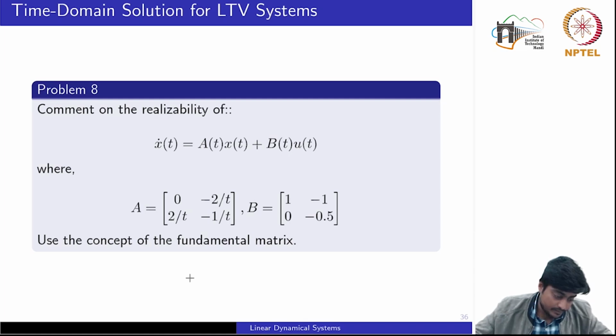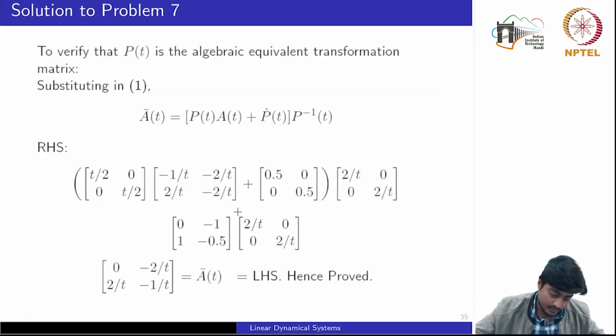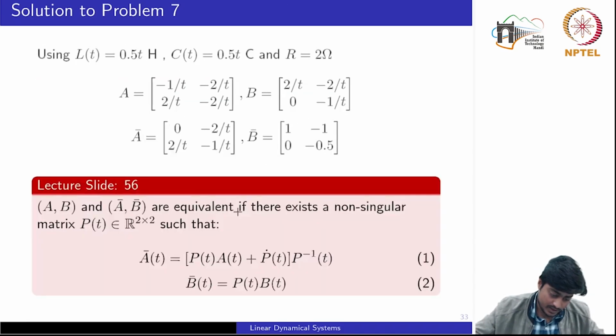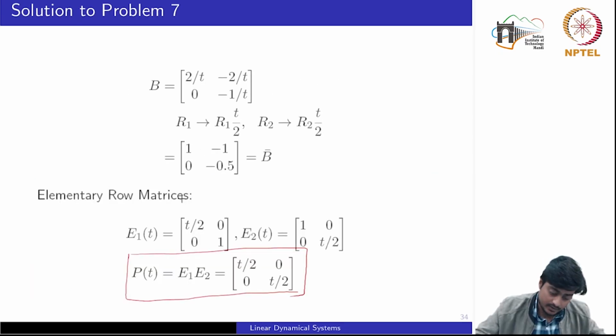Going to the time domain solution for that LTV system. Here we are taking the A, B matrices as this one. You can see that these A, B matrices are possibly the matrices which we have written for the second part, considering this phi and this charge as the state variables.